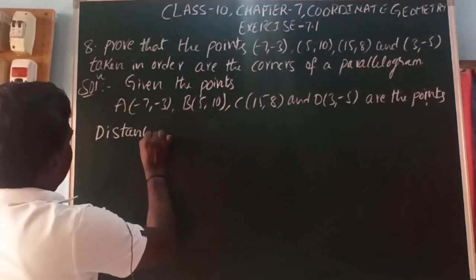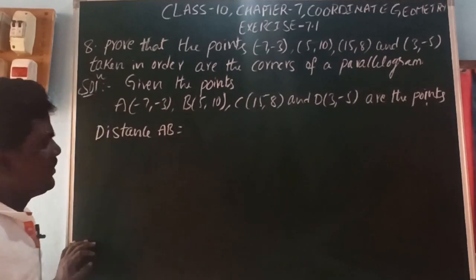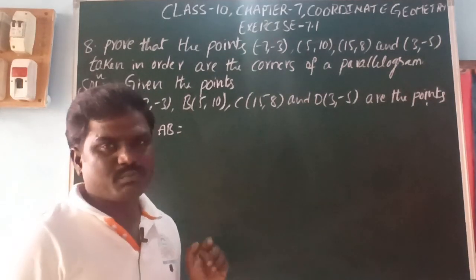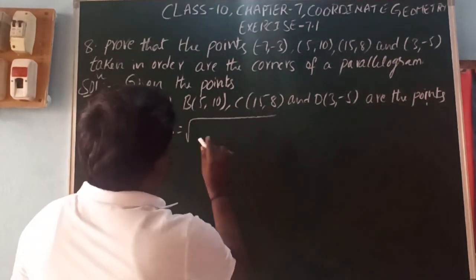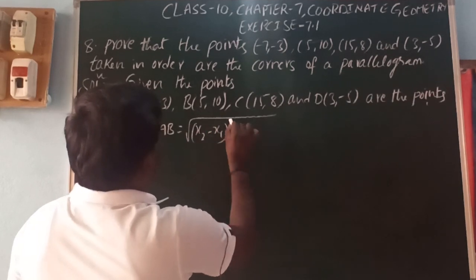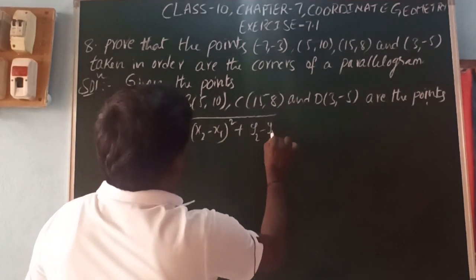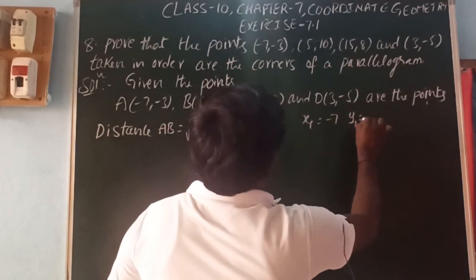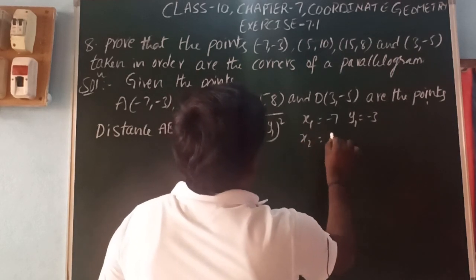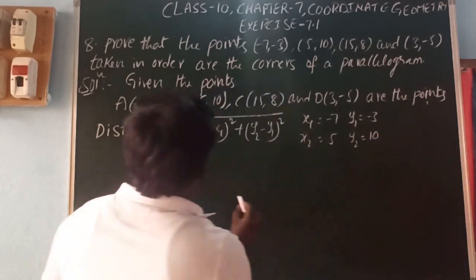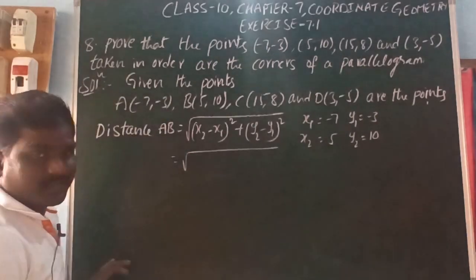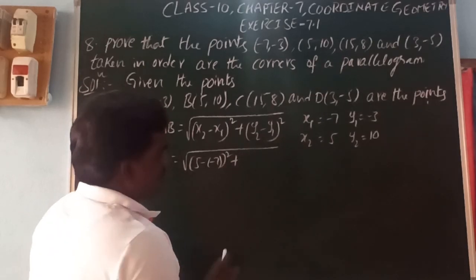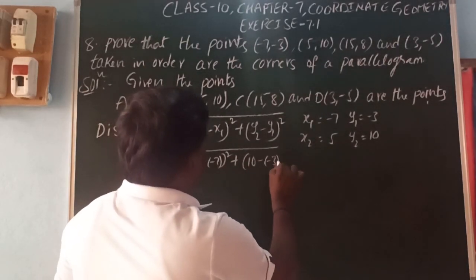Find the distance AB. What is the distance between 2 points? Square root of (x2 minus x1) whole square plus (y2 minus y1) whole square. Here x1 is -7, y1 is -3, x2 is 5, y2 is 10. So the square root of (5 minus of -7) whole square plus (10 minus of -3) whole square.